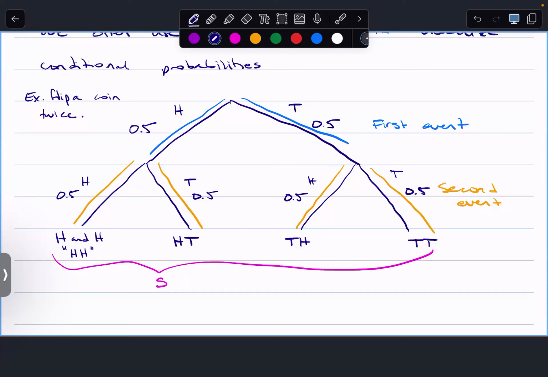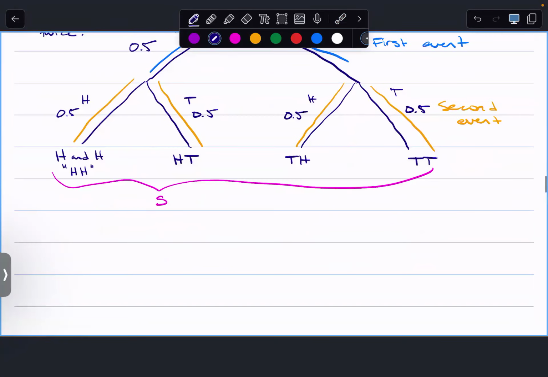What's the probability of HH? Well, we could say that's the same thing as a heads and a heads, 0.5 times 0.5. But really what we're doing when we're using this tree is we multiply down the branch to find the probability of HH, probability of HT, probability of TH, probability of TT. So we can jot those down.